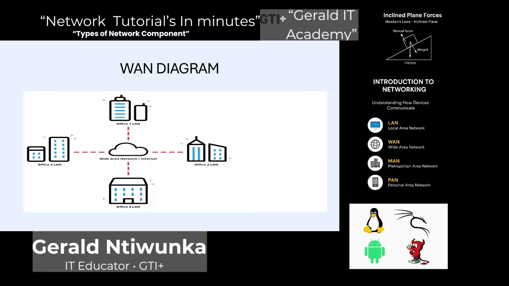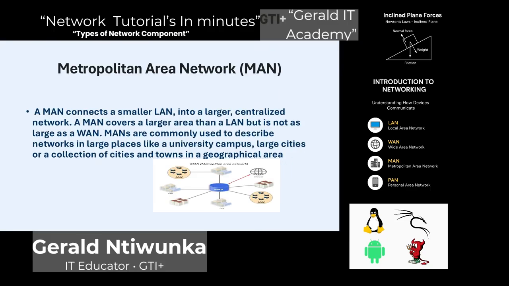This is the diagram of how to connect all those branches. It has to be through a router, modem, switches, all this, because they are wireless. These are the ones that can connect local area networks together to form a wide area network. Now we are going to talk about metropolitan area network.